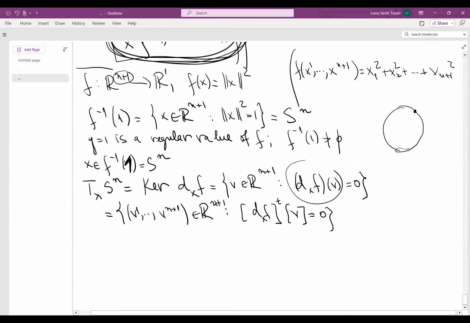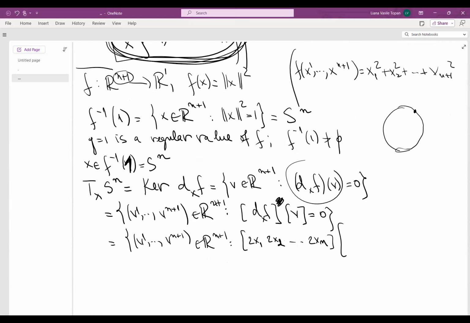So this will contain all the points v1 up to v_(n+1) of R^(n+1). I'm writing it as a row, so I will have 2x1, 2x2, up to 2x_(n+1) times v1, v2, up to v_(n+1), transposed, equals 0.